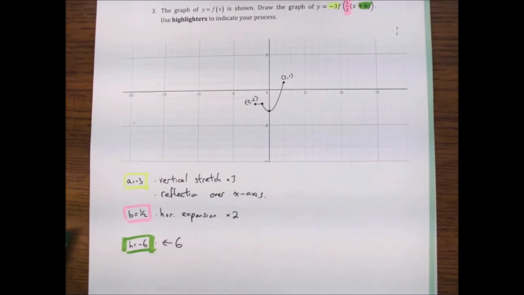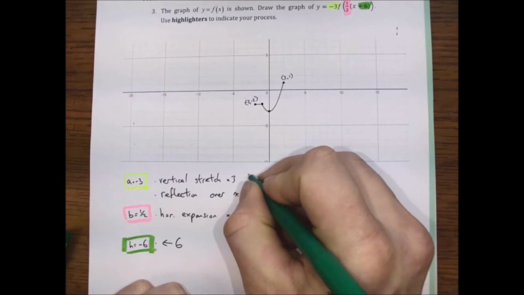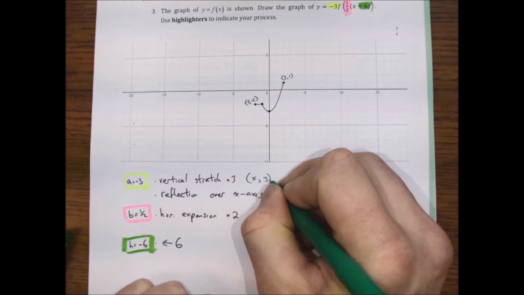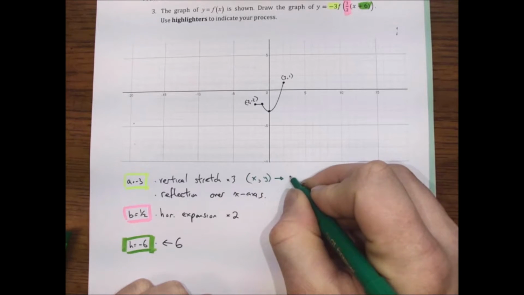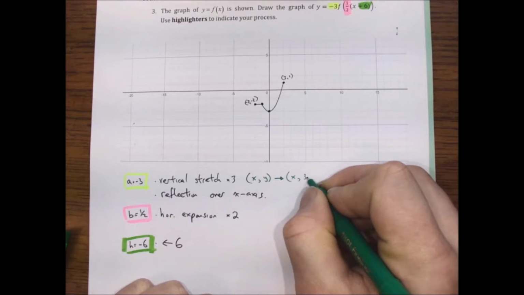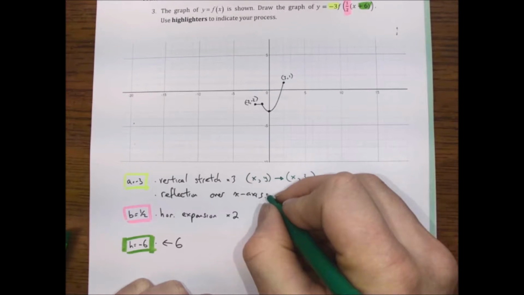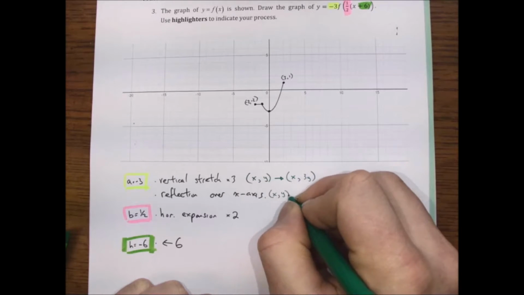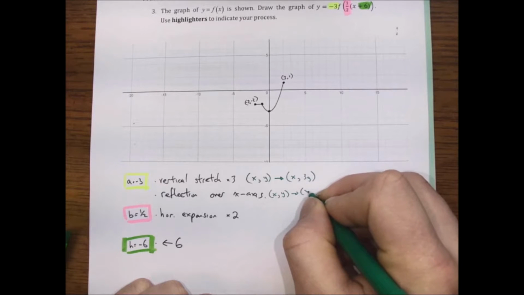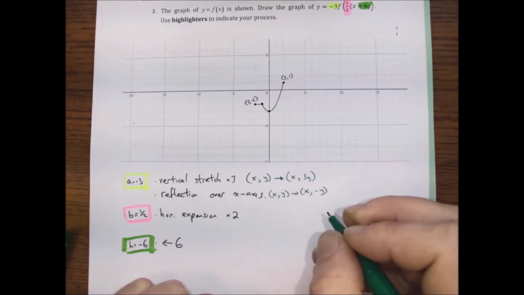All right. Now, before I do that, I'm going to get back to what I was doing before, which is defining what each of these transformations does. So the point x, y becomes the point x, 3y. Reflection over the x-axis means the point x, y becomes the point x, negative y.